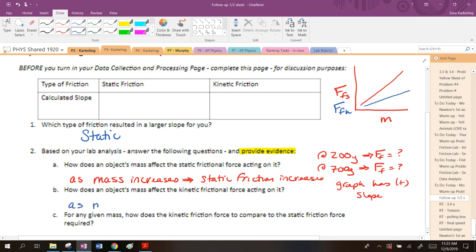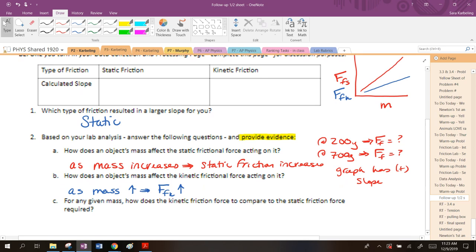So we'd say as mass increases, kinetic frictional force also increases. Provide evidence, same process, right? You can either say at 200 grams this is bigger or smaller than at 700 grams, or the graph has a positive slope, which means that as one goes up, the other is going up as well.